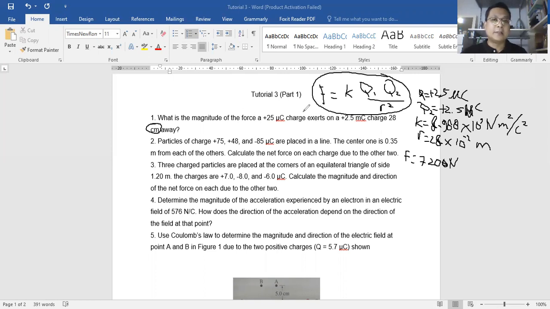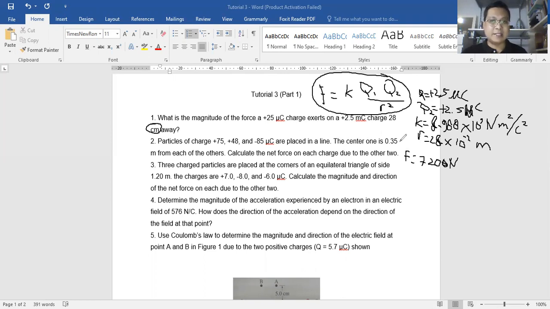Okay, for the next question, you can use this formula also, still using this one. But now we have a combination of charges. We have Q1, Q2, and Q3.